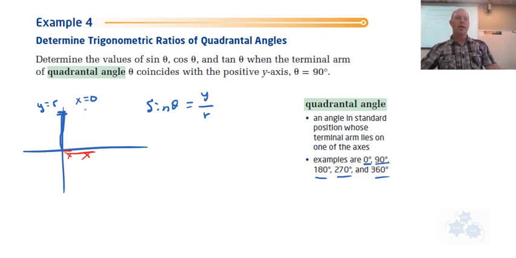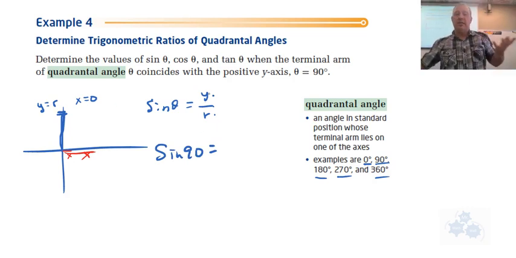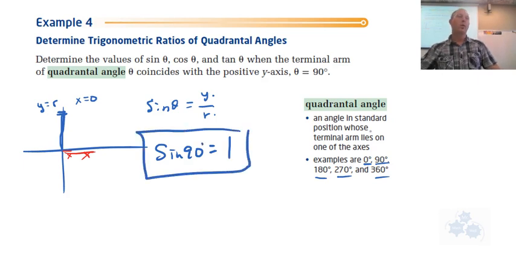So we have y over r. What is sine of 90? Well, y equals r, and something divided by itself is 1. Sine of 90 is 1.